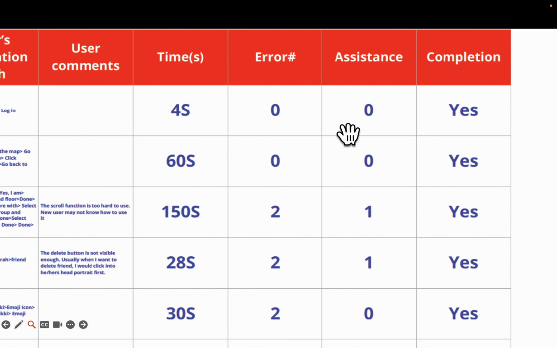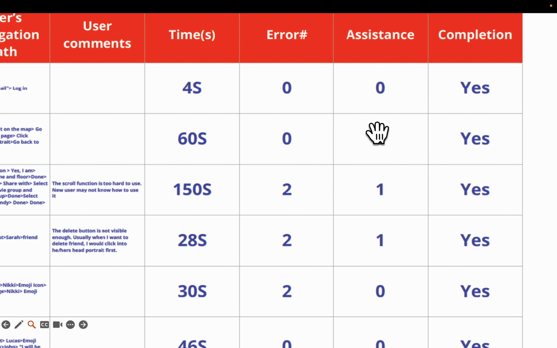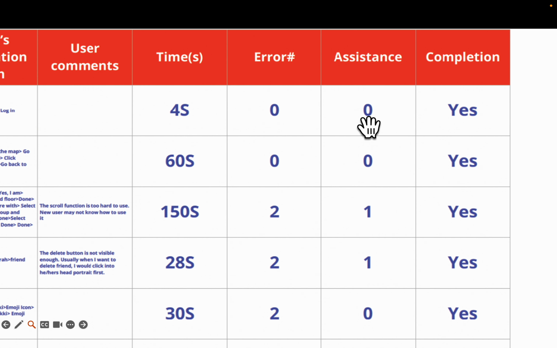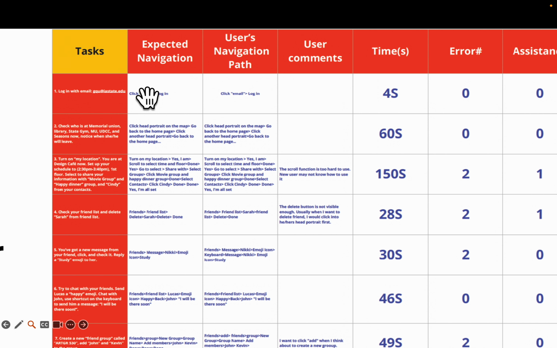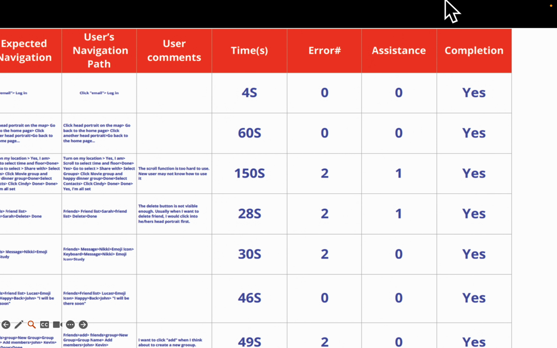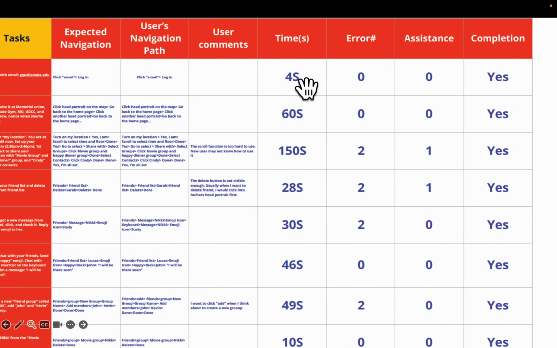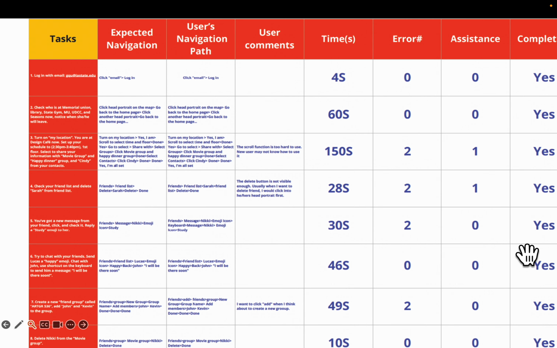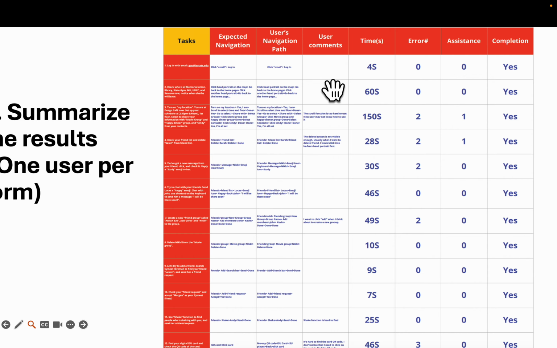And also, did they ask you for any assistance? If they're struggling to complete this task, they may tell you and you have to help them out. So how many times does that happen on each task? And at last, have they completed this task? So you're going to record this information for each of your tasks.